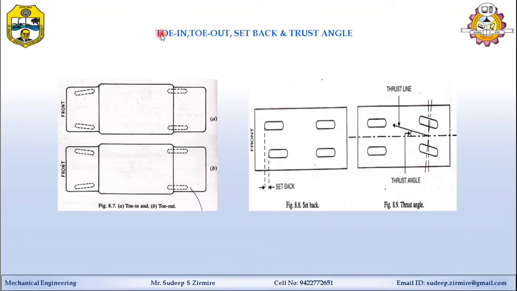At this point, we are going to learn toe in, toe out, setback, and thrust angle. Here you can see the figure. Figure A shows the toe in and figure B shows the toe out. When you see the top view of the vehicle, generally toe in and toe out is related to the front steering wheel tires.